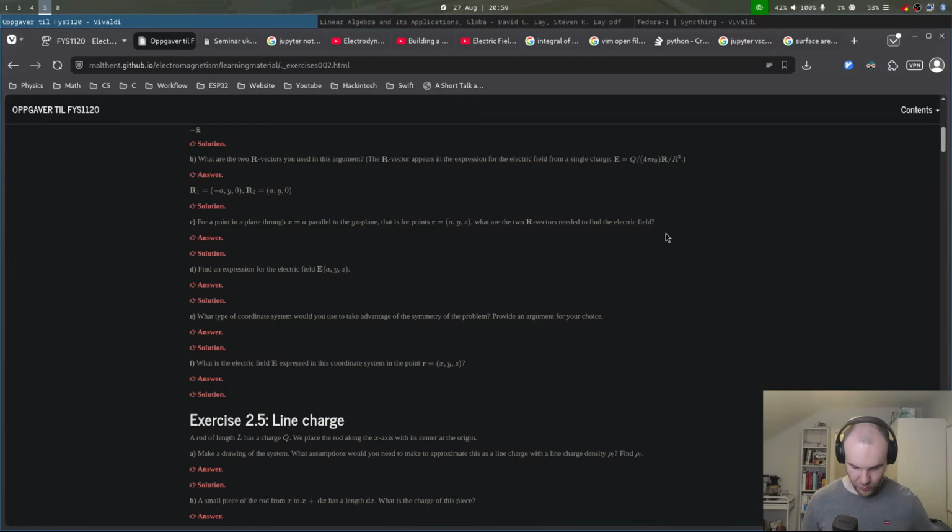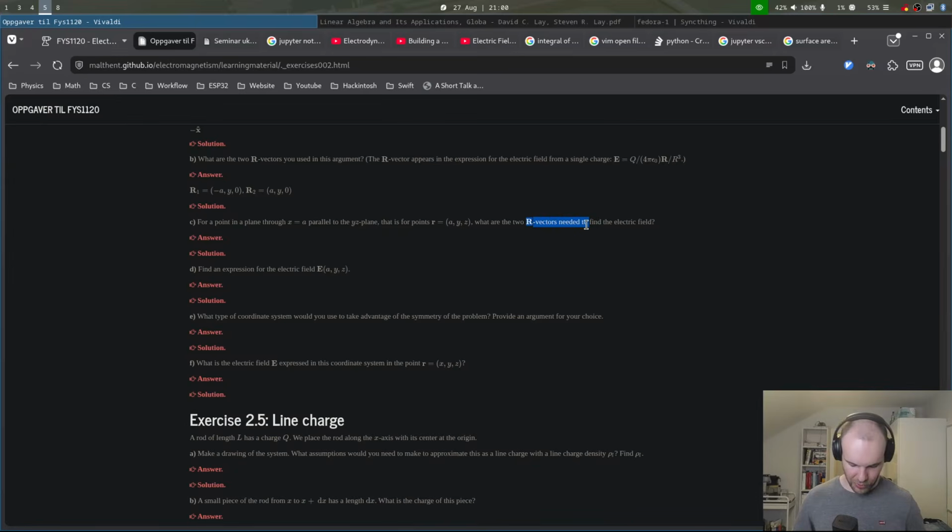Okay, so we want now to find any r on that plane. So what are the two r vectors needed to find the electric field? Let's see. For a point in the plane, directly parallel to y, the point r is equal to A, y, z. What are the two r vectors needed?